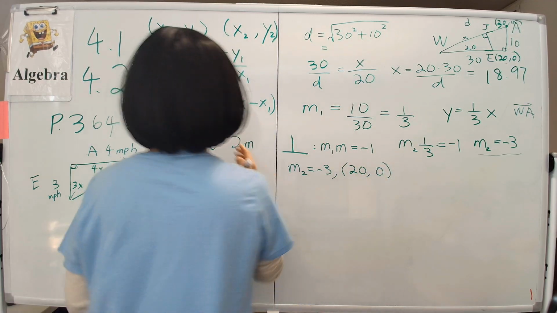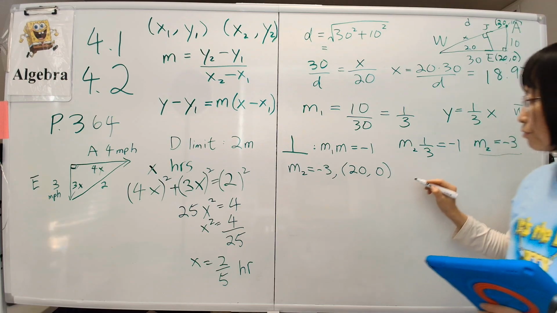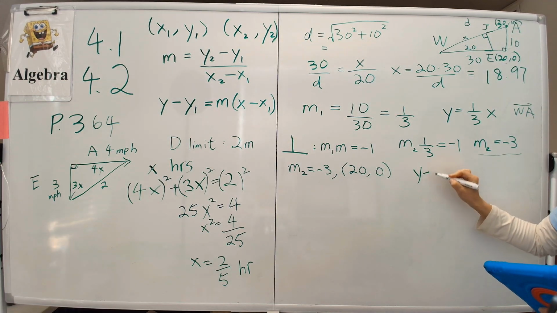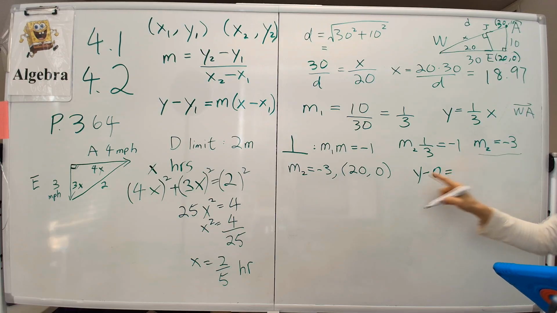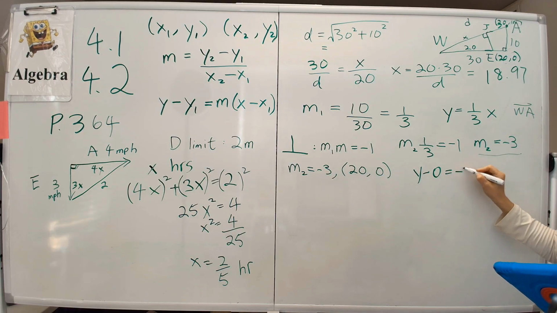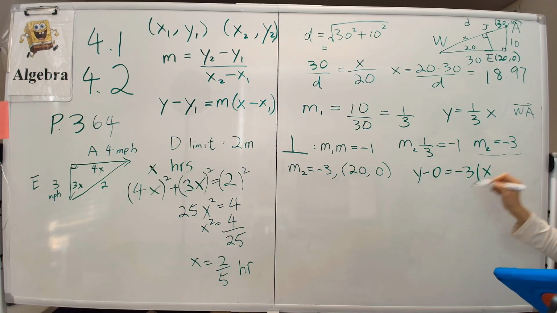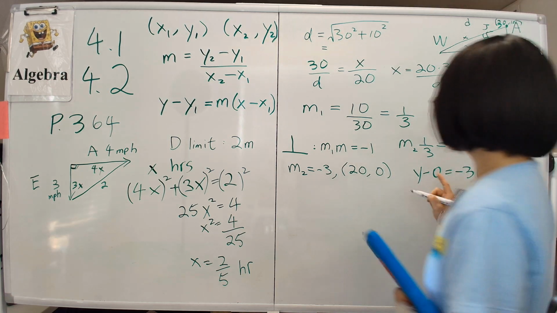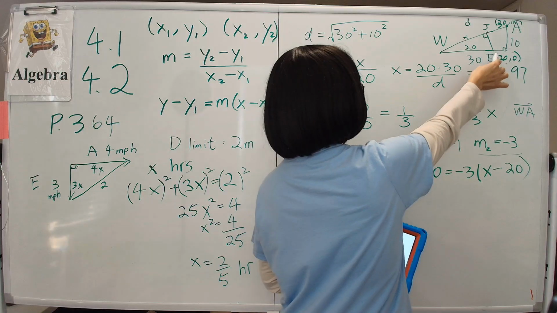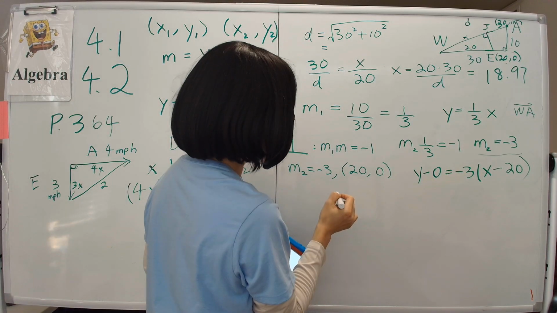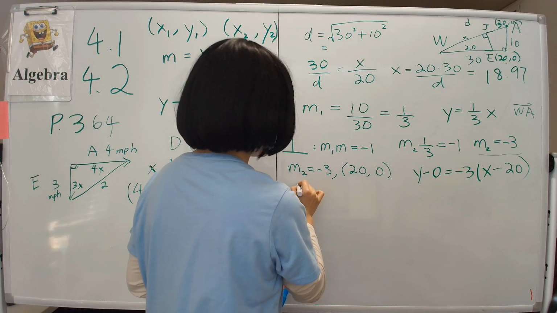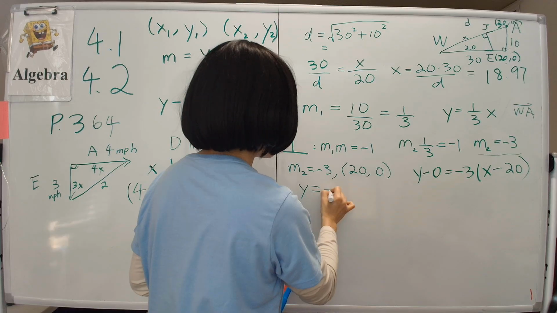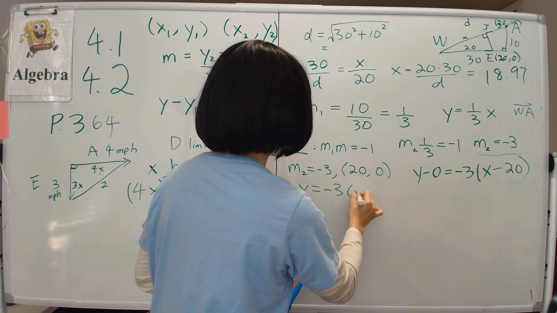So following this equation, we have y minus y1, which is 0, equals m, which is -3, times x minus x1, which is 20. Here we go. So that is the equation of this line right here, and therefore y equals -3 times x minus 20.